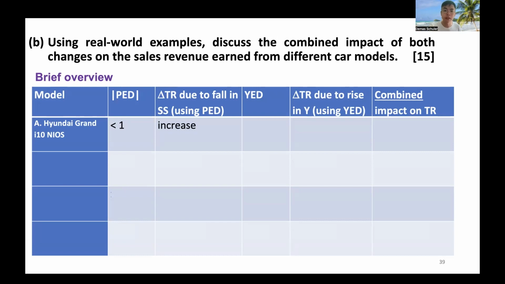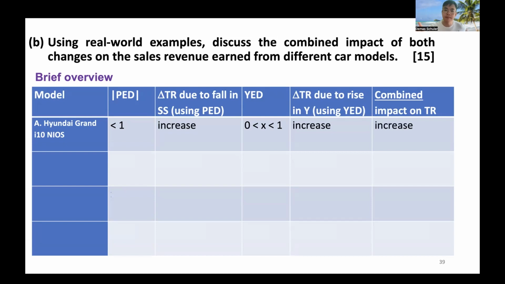Its YED is between 0 and 1, which means it's a necessity, a subset of a normal good, and total revenue as a result of a rise in income would also rise.